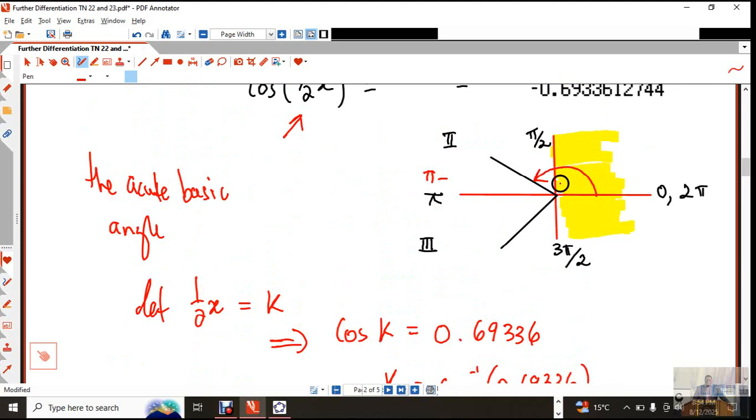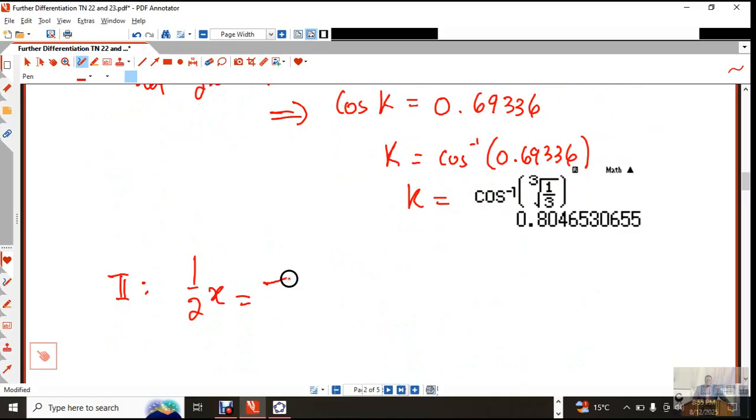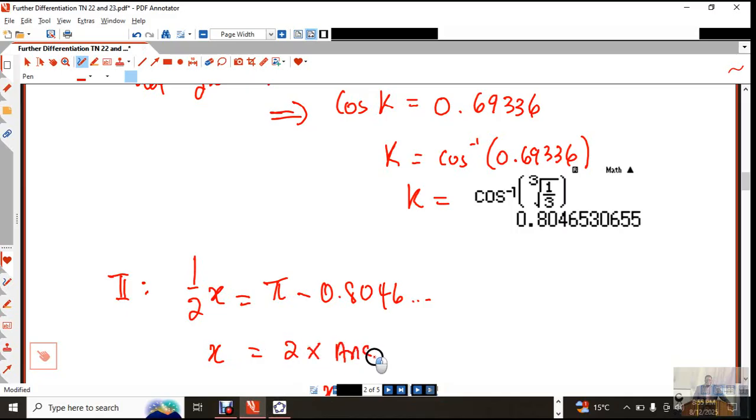So let's say our angle k in this case. So if we take pi minus 0.8046 and so on, once we have that answer, we're going to multiply that answer by 2.